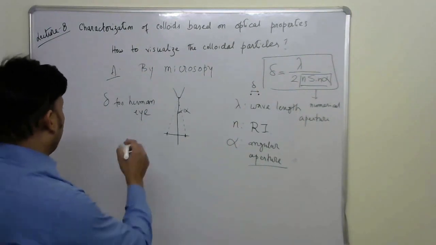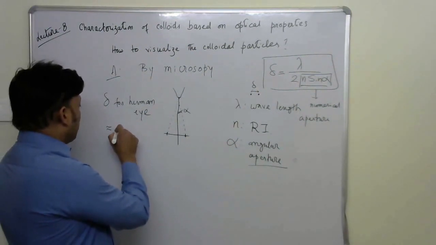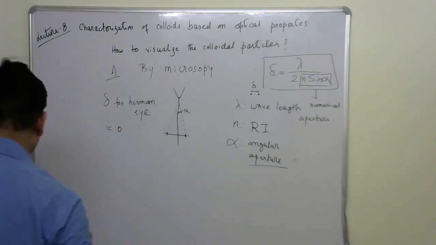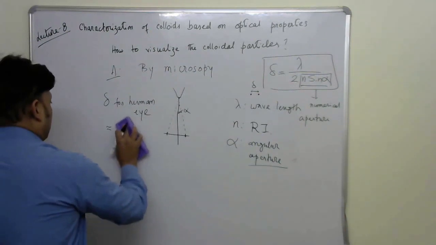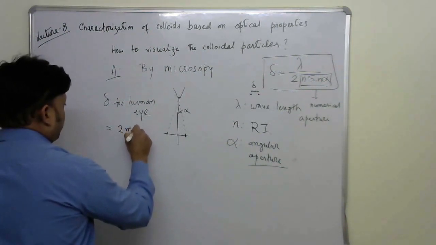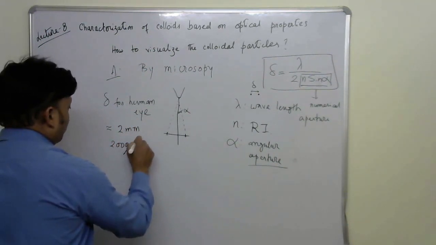The answer is, delta for the human eye is on average about 2 millimeter. Or in other words, this is 2000 micron.